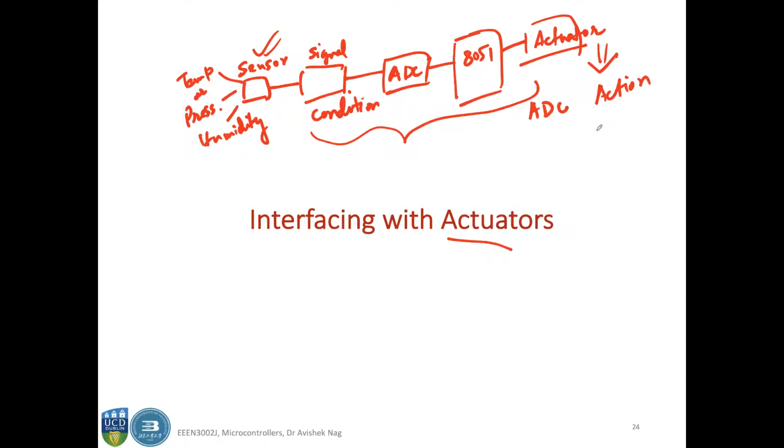Now this action can be, let's say, to switch off a heater. Let's imagine that your sensor is sensing a temperature, and if the temperature is too low, then after going through all these steps, this actuator's task is to switch off a heater.